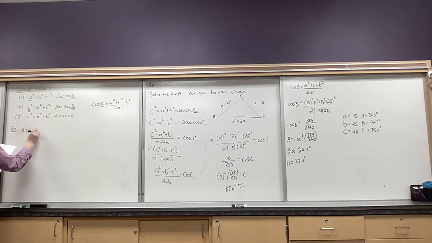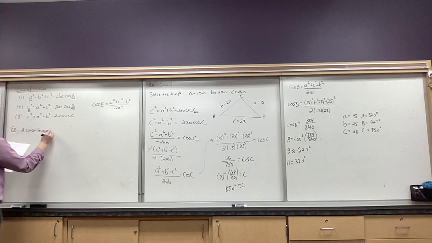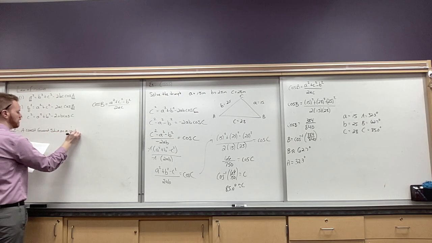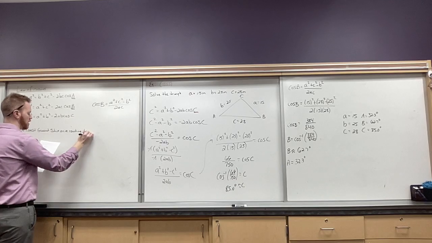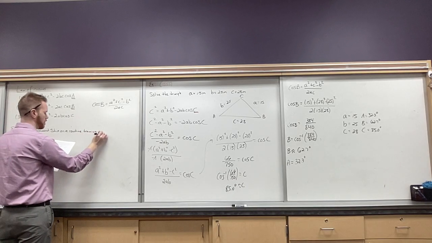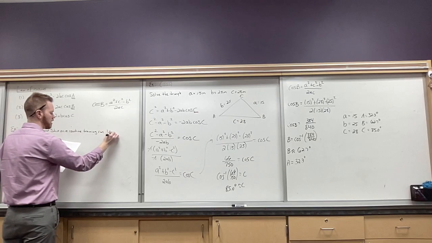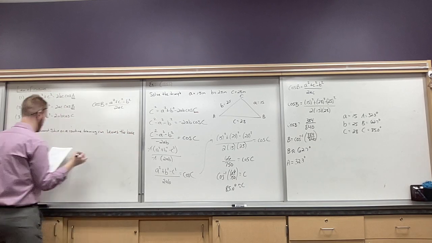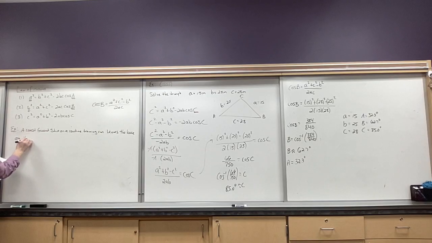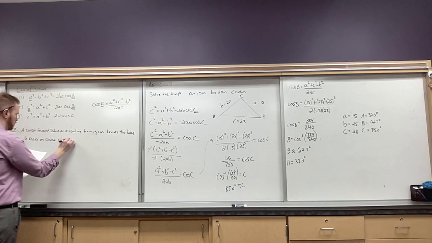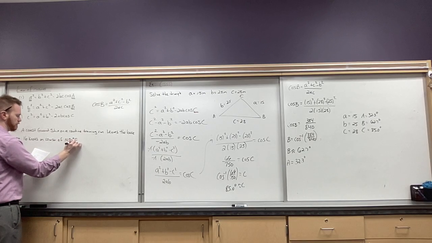We have a Coast Guard ship on a routine training run. Leaves the base at 16 knots on course of north 82 degrees east.